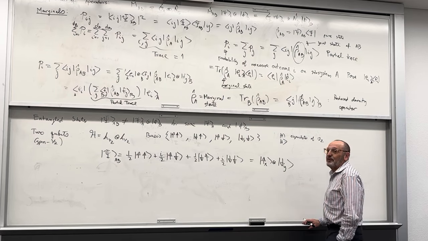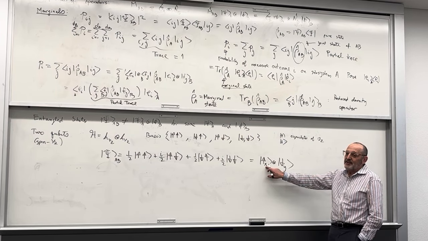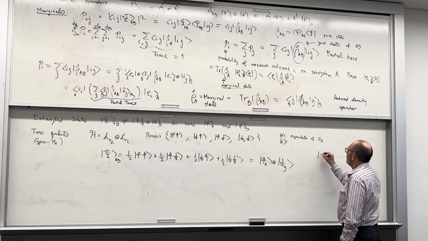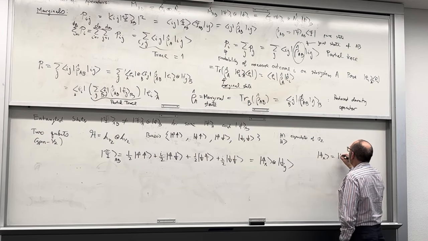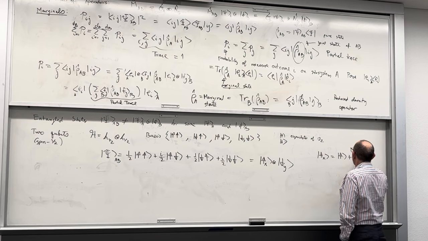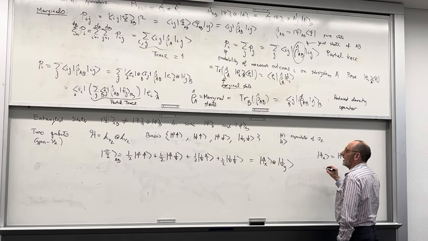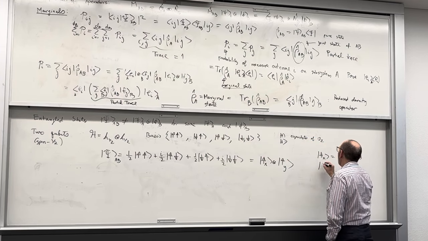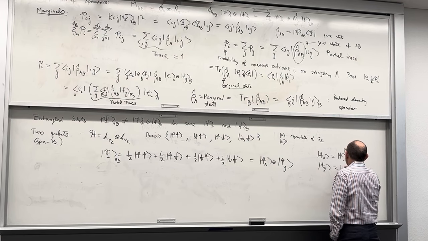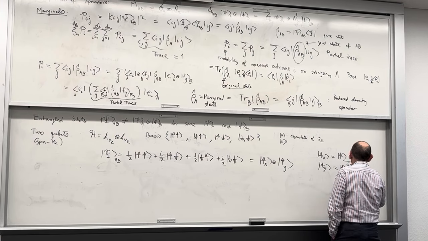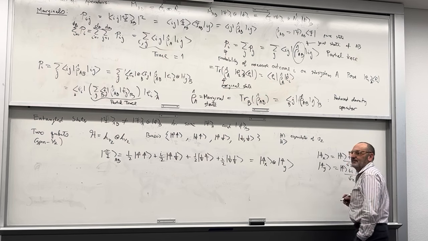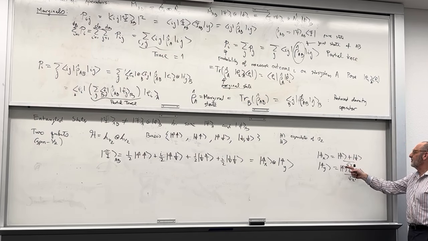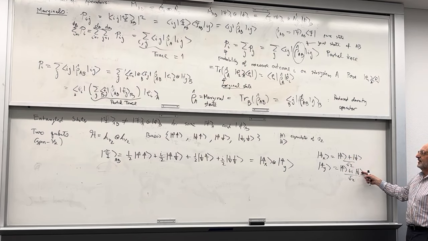That's to say, this is a product state of spin up along X and spin down along Y. Because spin up along X, we all remember, is up plus down along Z over root 2, and spin up along Y is up plus i down along Z. And if I look at the tensor product of this times this, and this times this, and this times this, and then this times this, right?